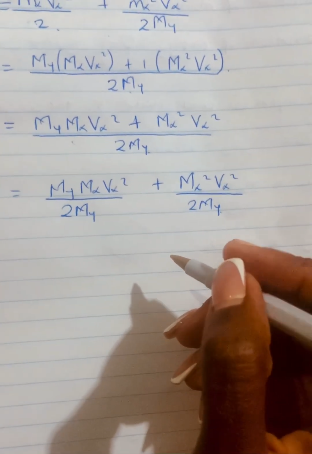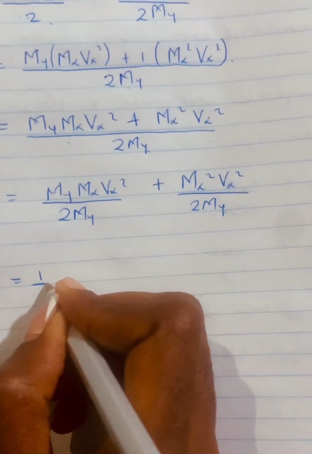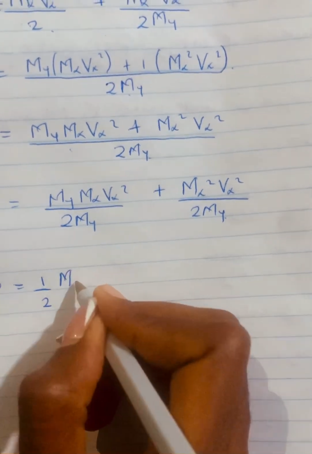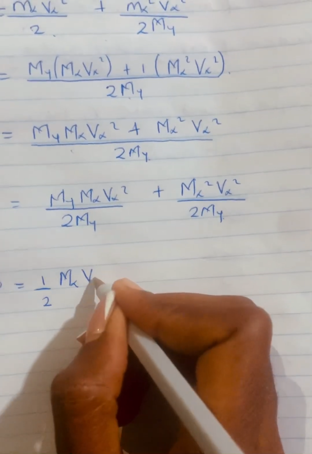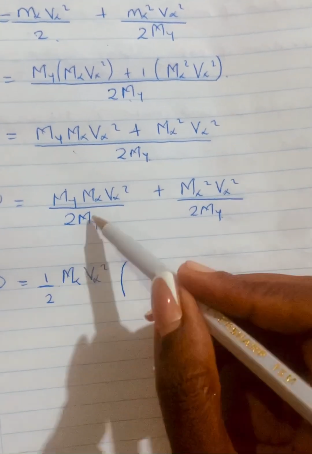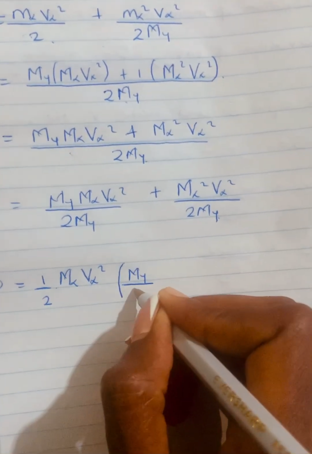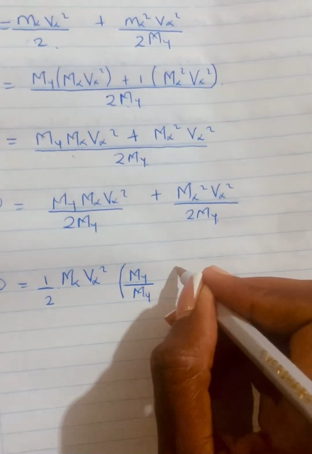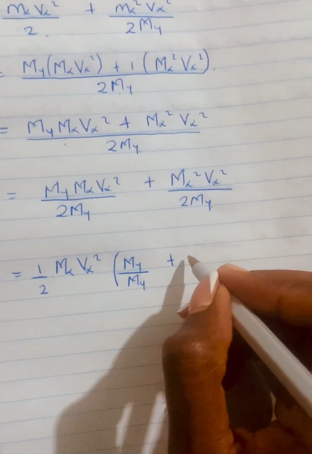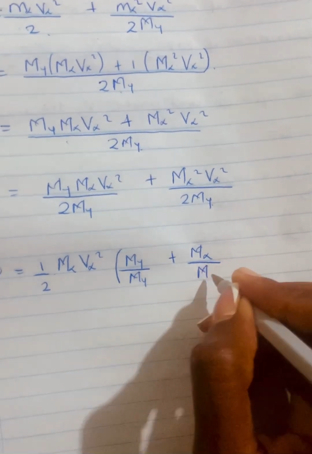Now I am going to collect like terms. Q equals, half is common here, then m_alpha is also common, v_alpha squared is also common. If we remove half m_alpha v_alpha squared here, we will remain with m_Y over m_Y plus, if we remove half m_alpha v_alpha squared in this section, we will remain with m_alpha over m_Y.